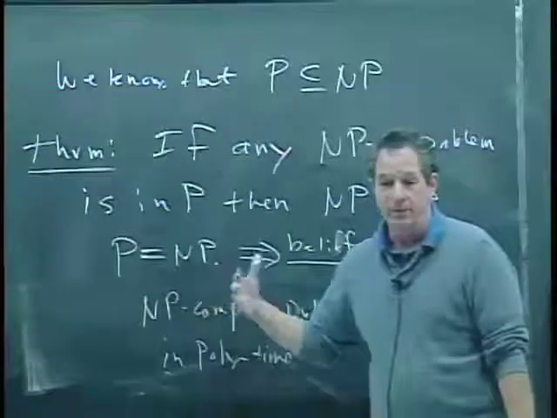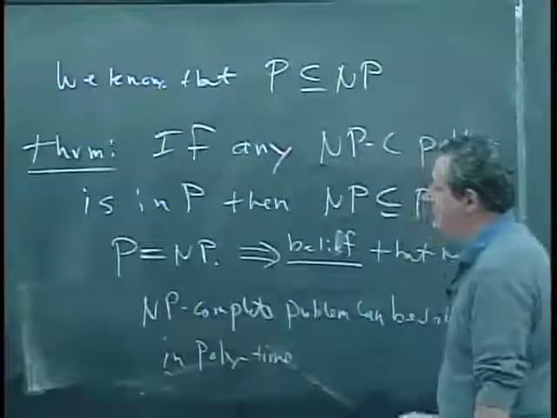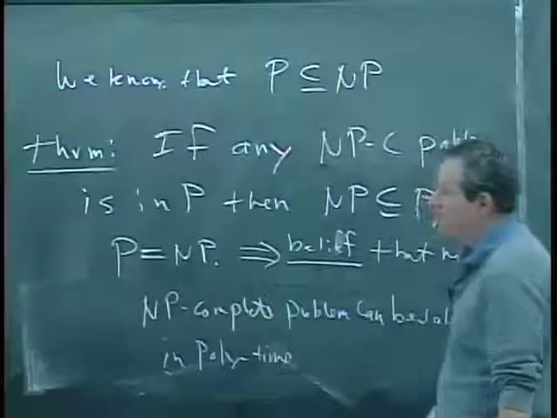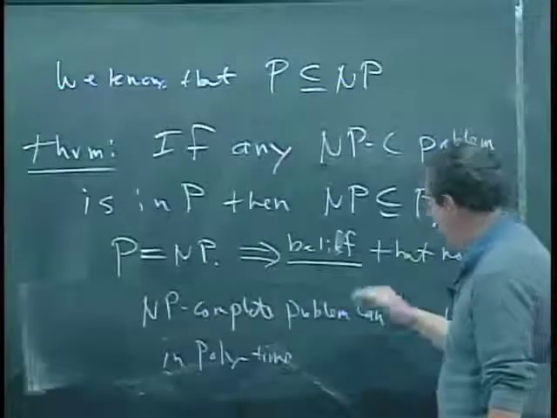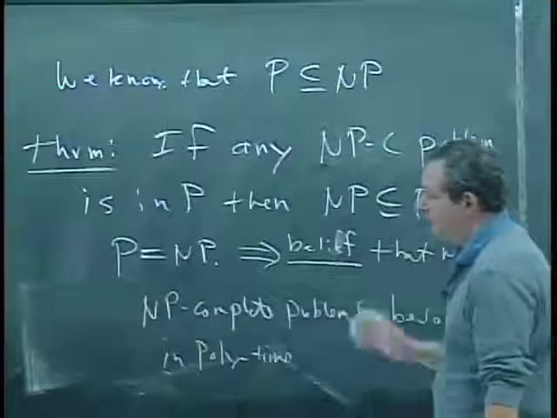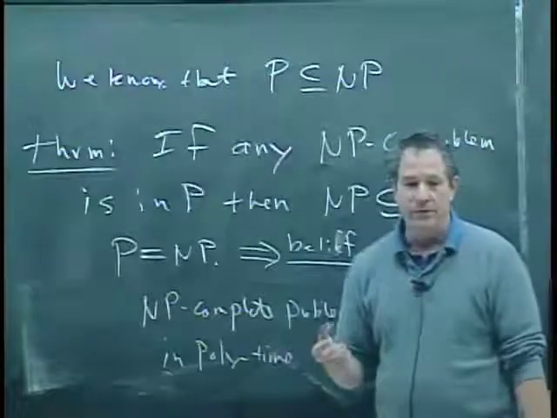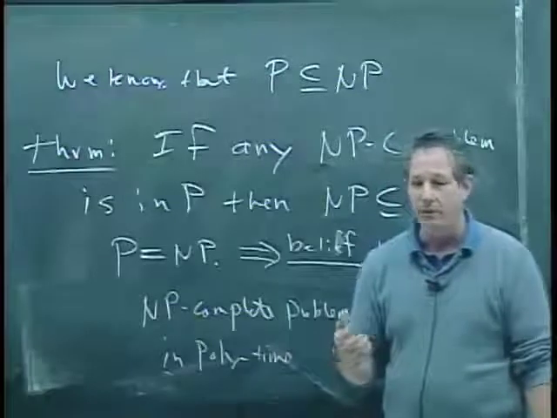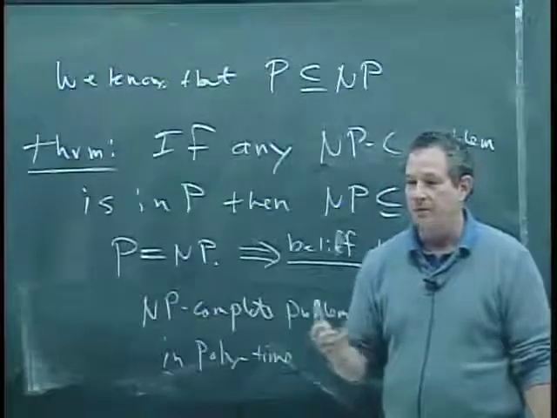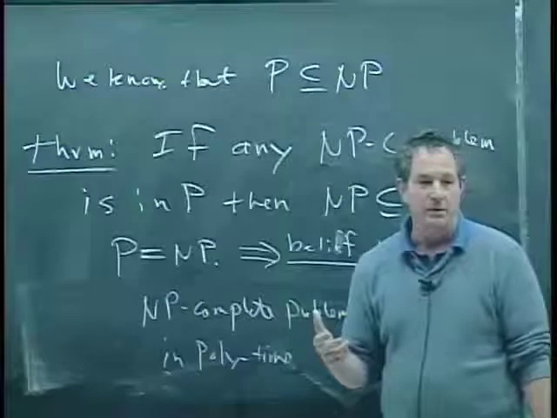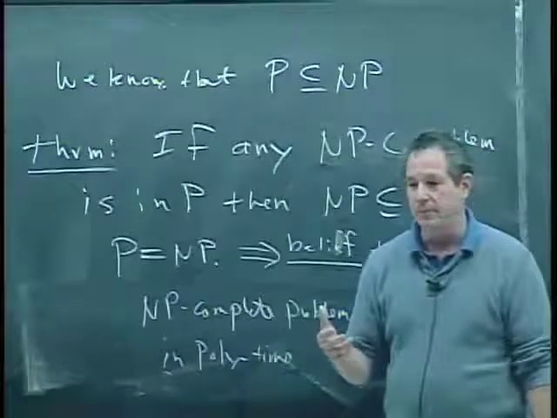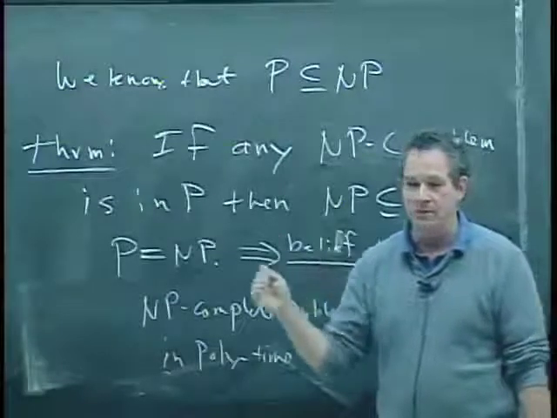And anyway, the failure up to now of anybody to get a polynomial time algorithm for an NP-complete problem is what fuels this belief. And that evidence continues. I mean, today, if you have a problem that you want to solve and you know it's NP-complete, you probably aren't going to invest a lot of time looking for a polynomial time algorithm. So in that sense, the evidence is not accumulating.